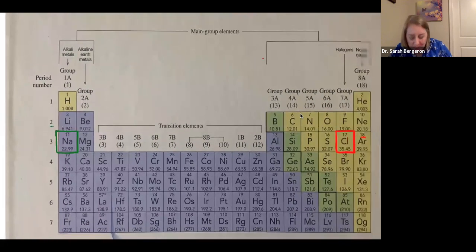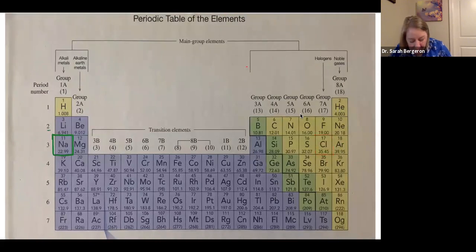I want to know, what is it isoelectric to? In order to do that, look at the element that has 1 less electron than sodium. So if sodium had 11, and it became an ion, and now it has 10 electrons, what other element has 10 electrons? Neon. Neon has 10 electrons.